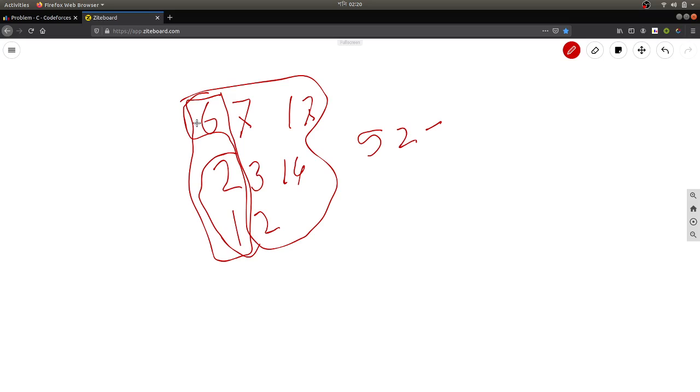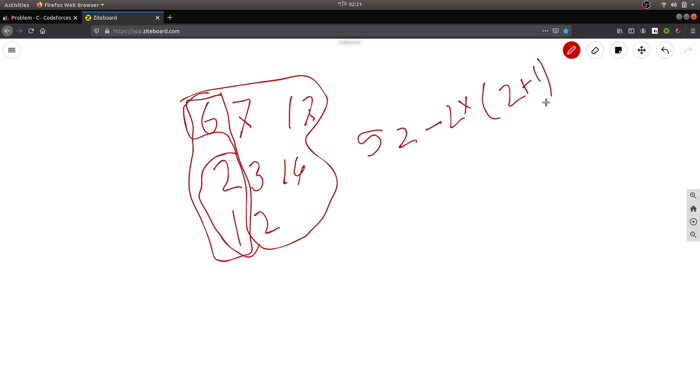So I take the total sum and subtract the two minimums of the three minimums twice. So it will be like 2 times 2 plus 1. Okay, this is one way.